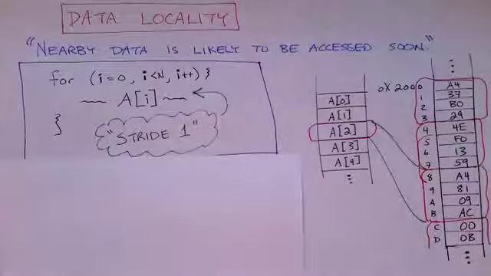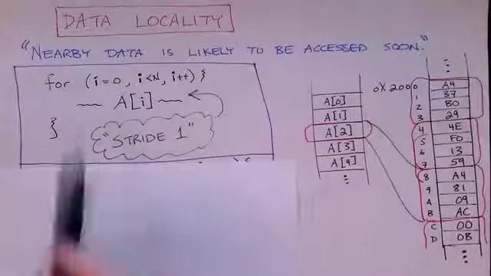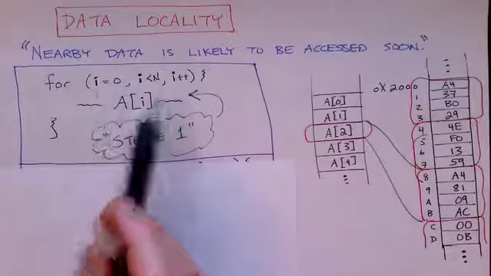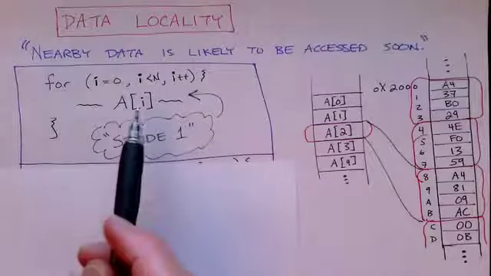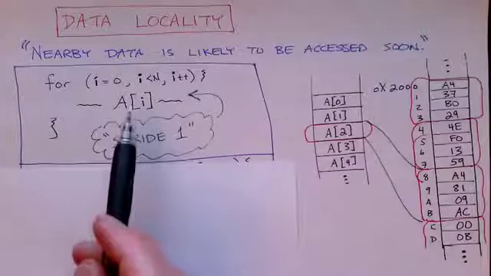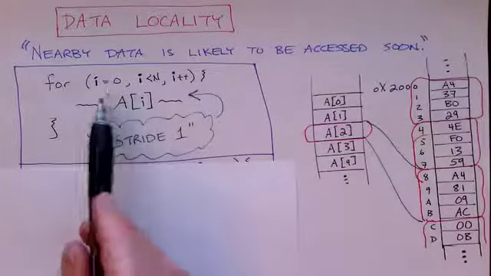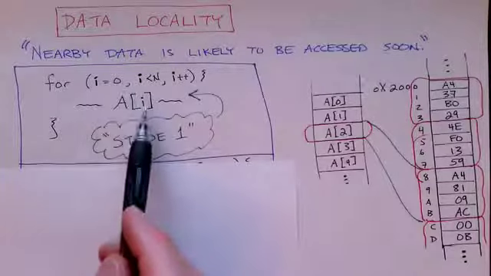The principle of spatial locality says that nearby bytes are likely to be accessed soon. And so let's look at an example of how this applies to data. Here's a little program that has a loop, and it does some stuff in the loop body, and among other things, it looks at an array. And it goes through this array, and you can see that it's going through this array sequentially.